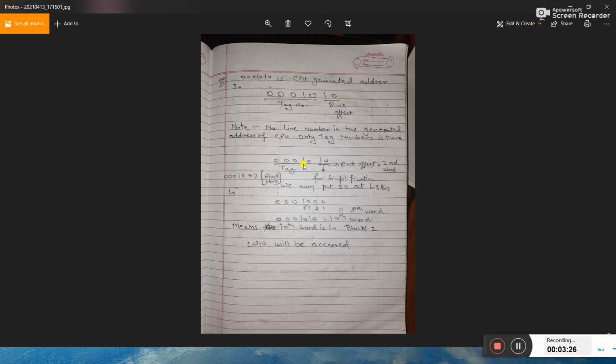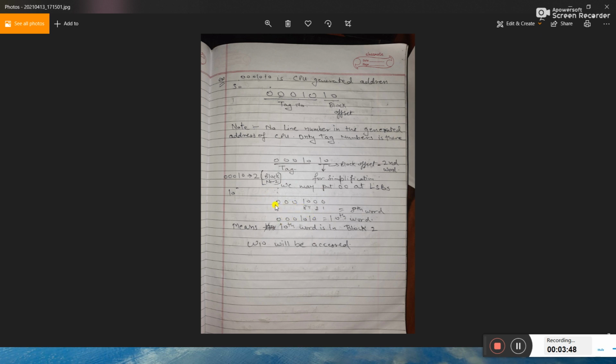If, for example, the CPU is generating this address, it is an easier example, that means the 8th word is needed here, and we have to put it in line 0.